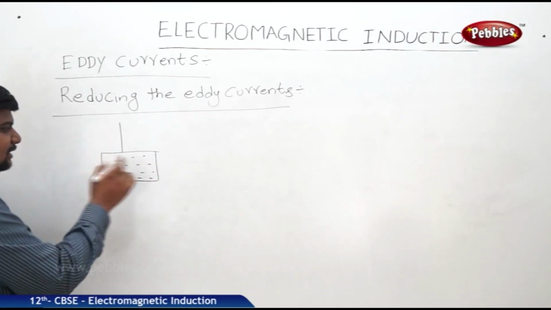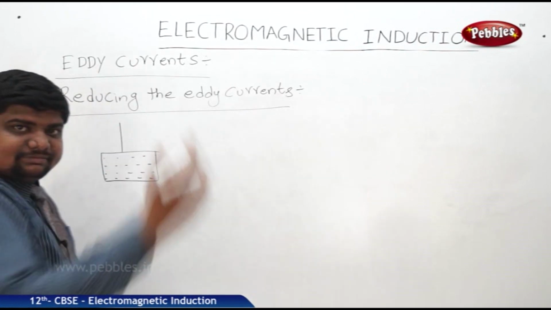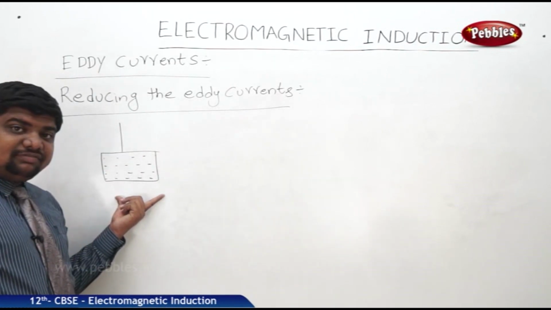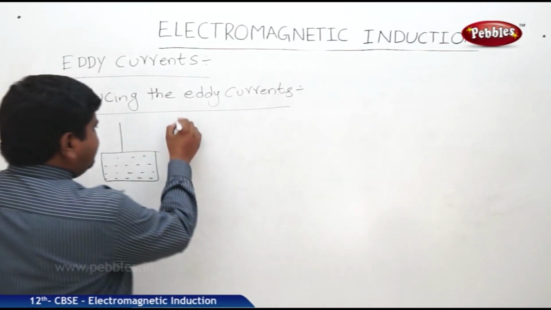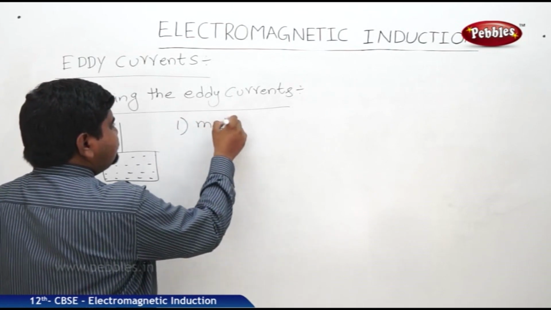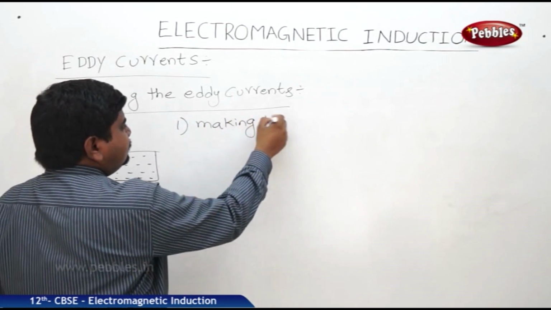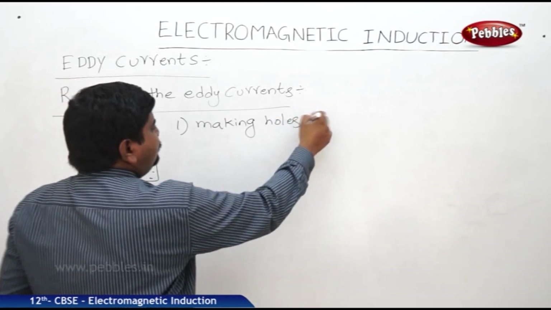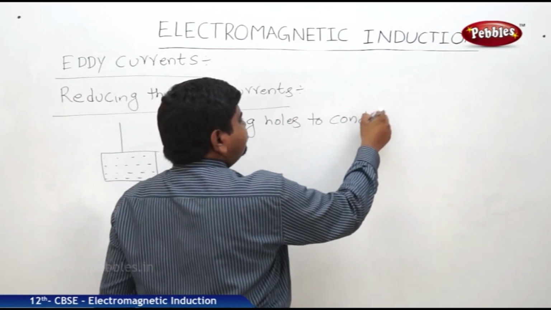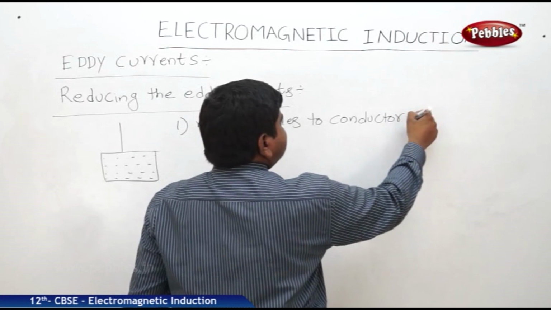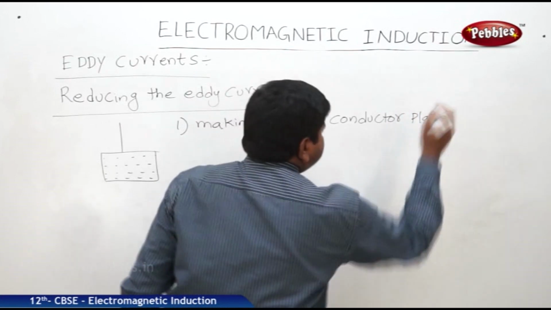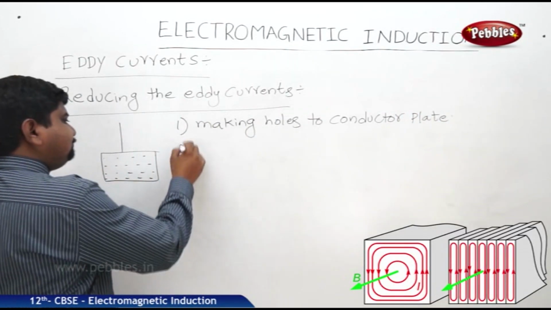Through the holes, the magnetic field lines can penetrate. That means the effect of the eddy currents can be minimized. So the first one is making holes in the conductor plate.